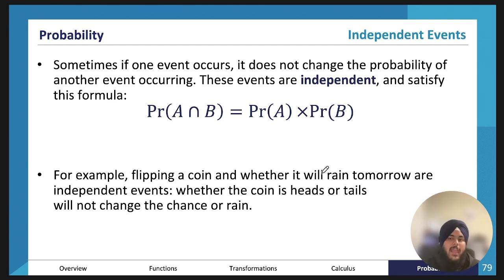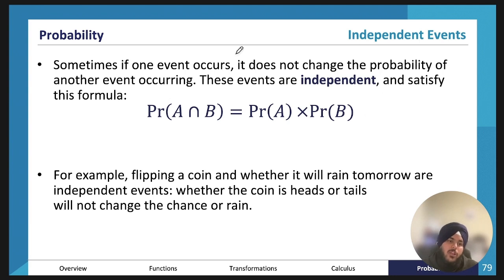Regardless of whether you get a heads or a tail, it shouldn't impact whether it rains or doesn't rain tomorrow. Similarly, a dependent event might be something along the lines of it raining and you using an umbrella on a particular day. Because yes, if it is raining, you are more likely to use an umbrella. So that's a dependent event.